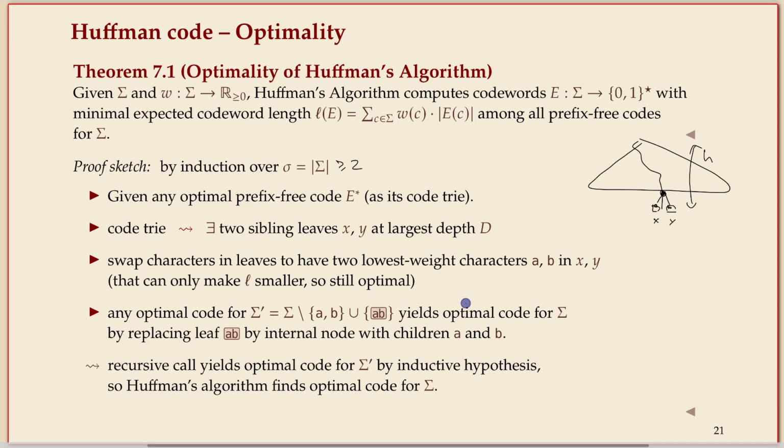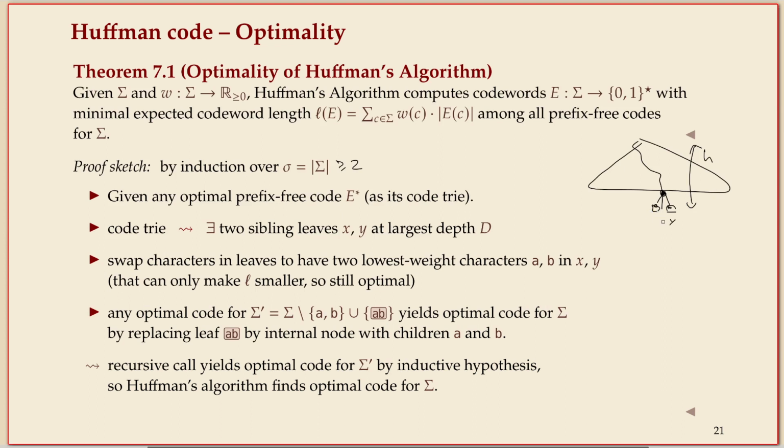Now, that may or may not be the two characters that Huffman's algorithm combines in the first step. And in particular, it could not be. Okay, I have different notation for the nodes and for the characters in the nodes.